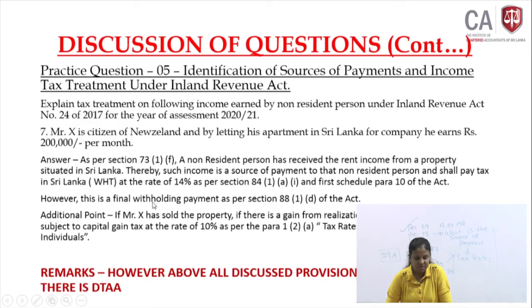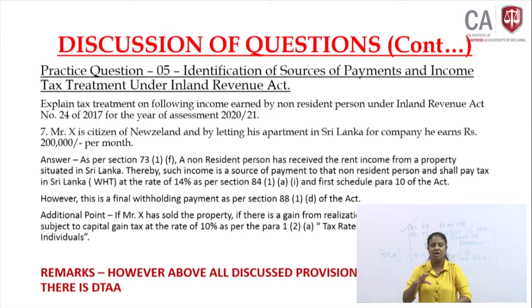It is subject to capital gain tax at the rate of 10% as per paragraph 1 subparagraph 2a in the first schedule, tax rates for resident and non-resident individuals. Clear? For immovable property, one income is rent, the other income is the realization of that immovable property. Then you have to consider both.